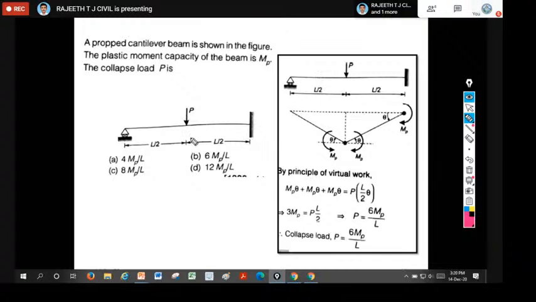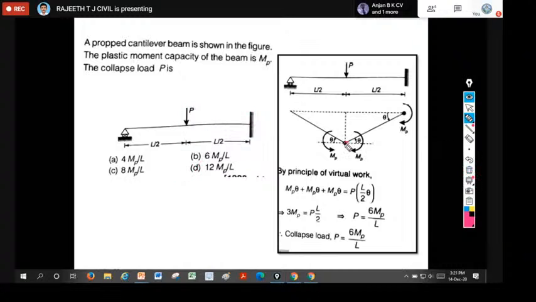First we should see the possible locations of plastic hinge formation. As I told in the last slide, a plastic hinge will form at the fixed support, and next, under the load. At the roller you will not get any plastic hinge, because it will not resist any moment. Therefore, we get plastic hinges only under the load and at the fixed support.